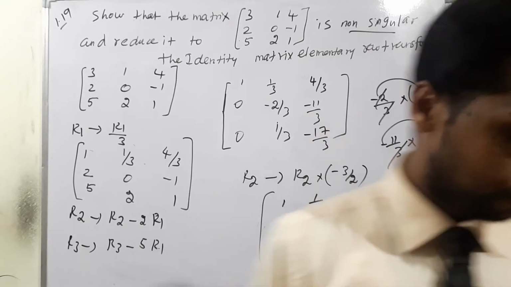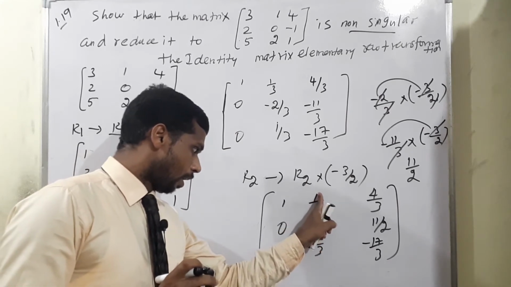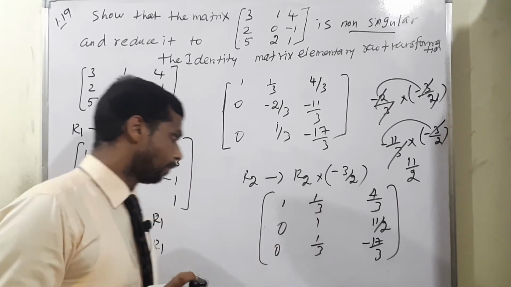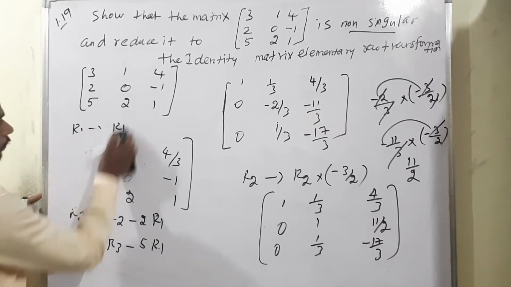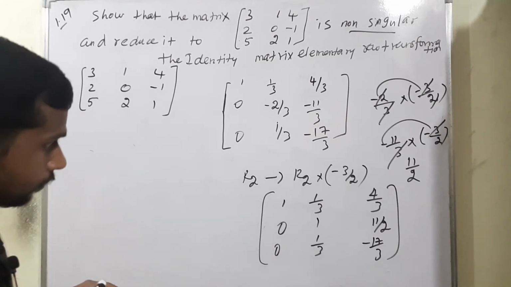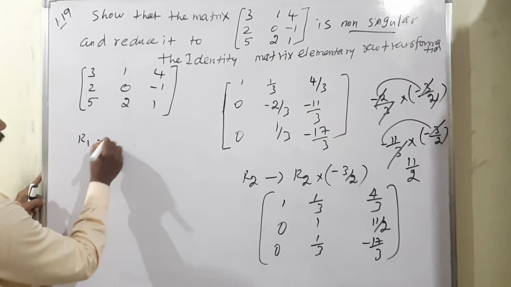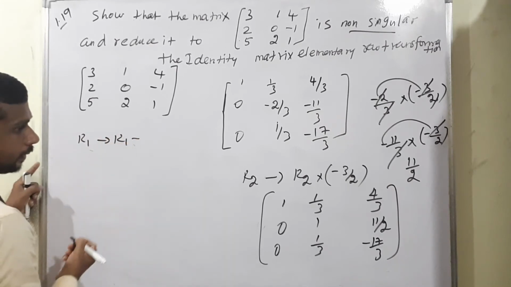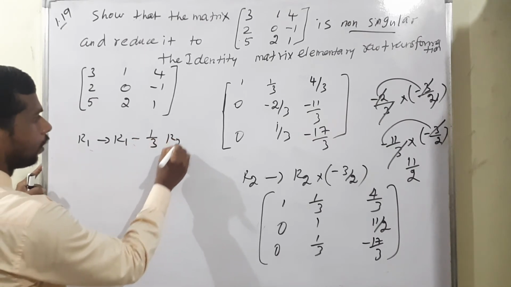Their value will be positive 11 by 2, minus 17 by 3 as it is. Okay, now second row, 1 is there, we have to make the up and down entries also value 0. What we have to do? Apply for R1 gives R1 minus 1 by 3 into R2.